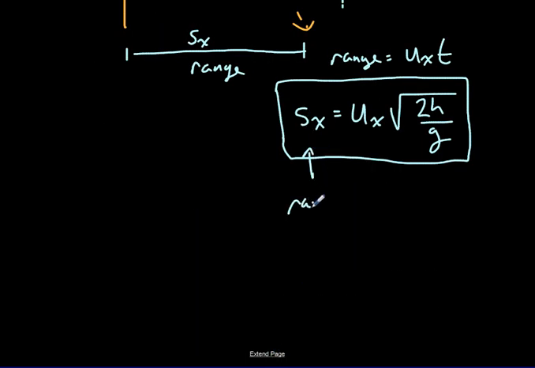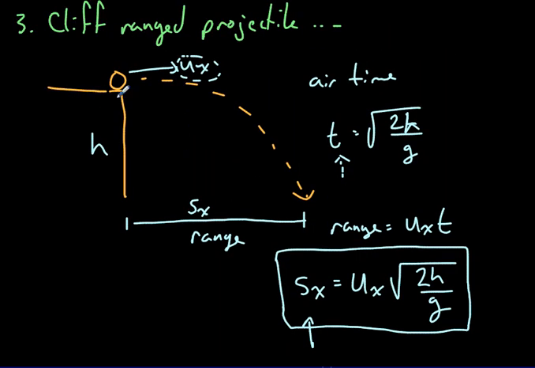So this is range. How far an object rolled from the top of a cliff will go. And just going back to this, you might be asked, what is the velocity of this object at such and such a time before it hits the ground? You're going to have to do some vector addition in that case. You're going to have to know that ux does not change. There's no acceleration in the x-plane.